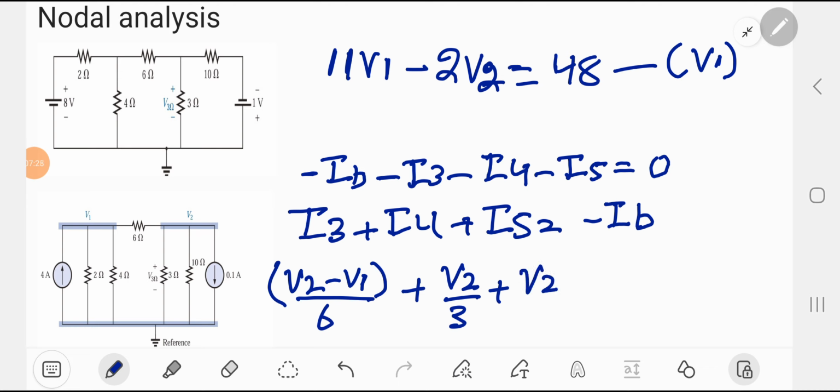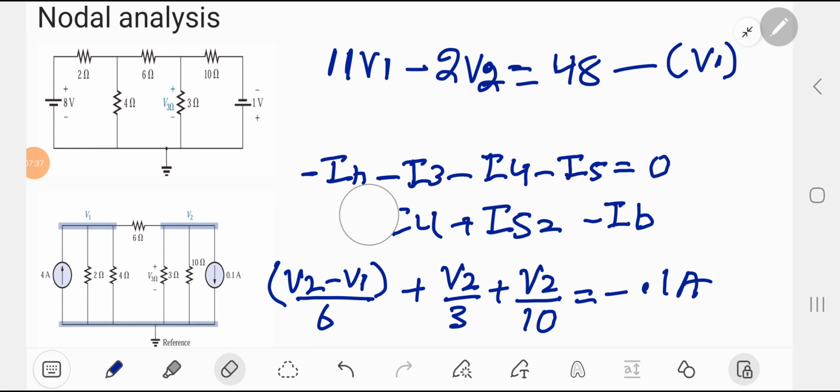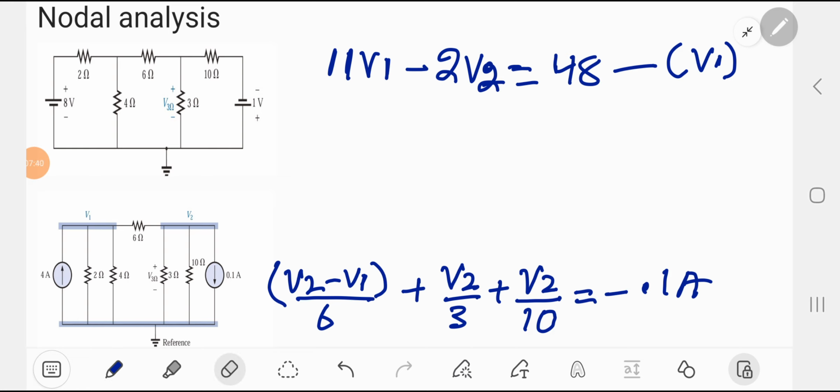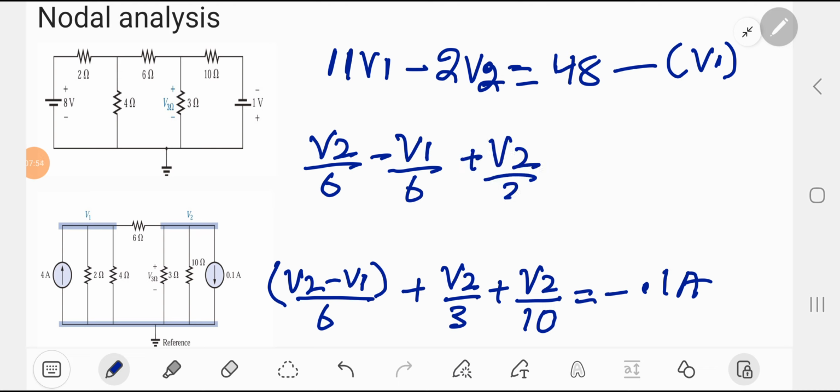I5 is across the 10 ohm resistance, minus 0.1 ampere. If we simplify this equation, V2 divided by 6 minus V1 divided by 6 plus V2 divided by 3 plus V2 divided by 10 is equal to minus 1 ampere.